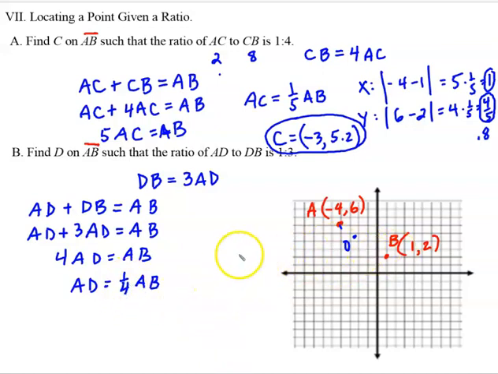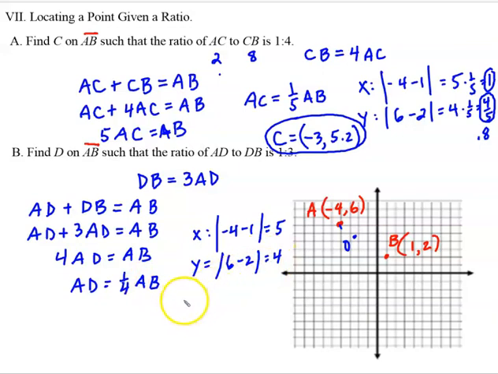All right, so now let's find out what that total distance is from A to B. All right, so the x coordinates, absolute value -4 minus 1, that's going to be 5. Y coordinates, 6 minus 2, that's going to be 4. And now we multiply by this fraction. So what we found here basically is the distance AB, and now we need to multiply by the fraction 1/4.